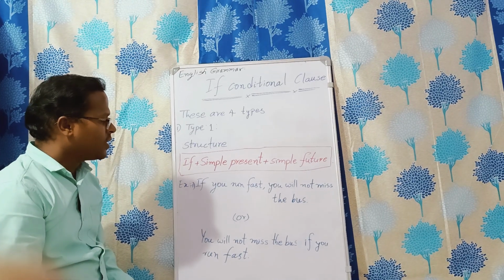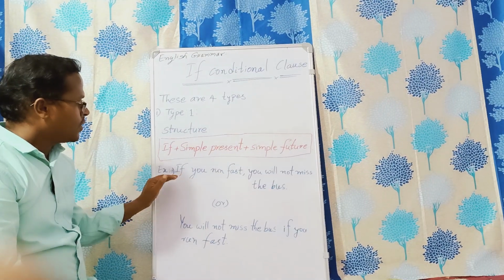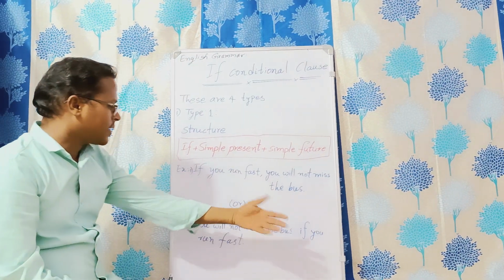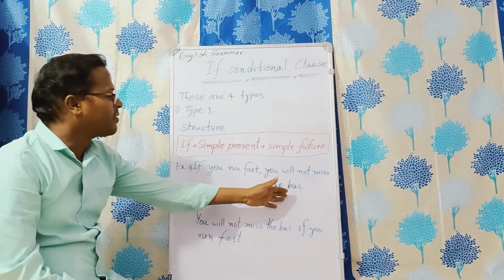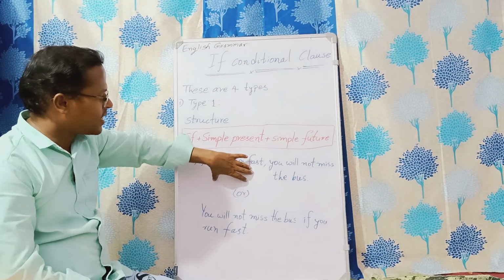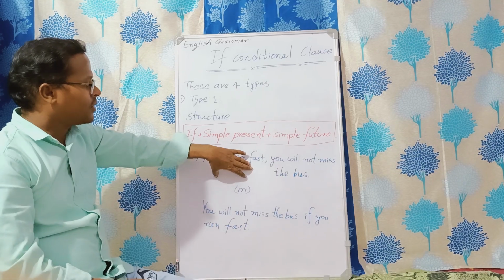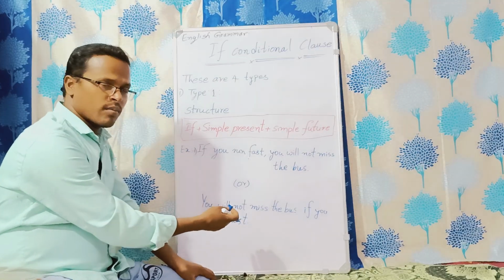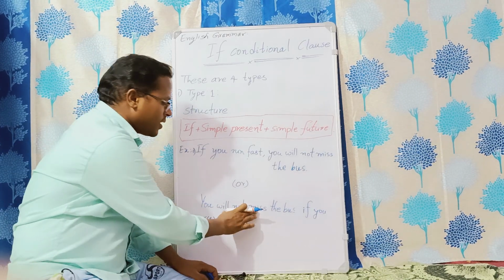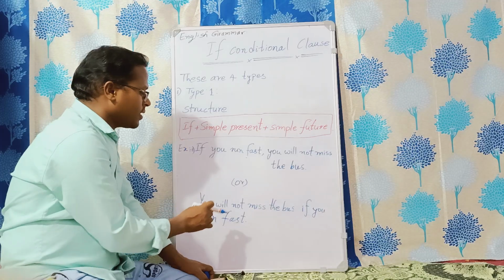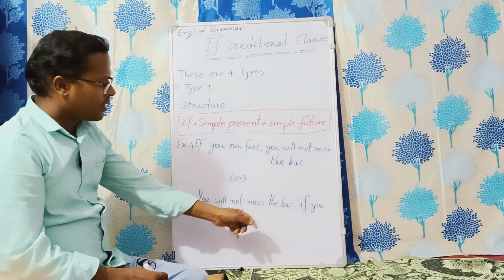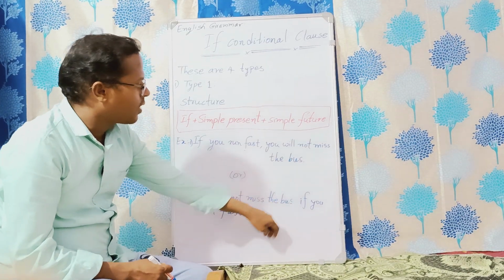One thing you have to remember: this if clause can be written in the second place, and the consequence can be written in the beginning. When you use the if clause later, you have no need of a comma.